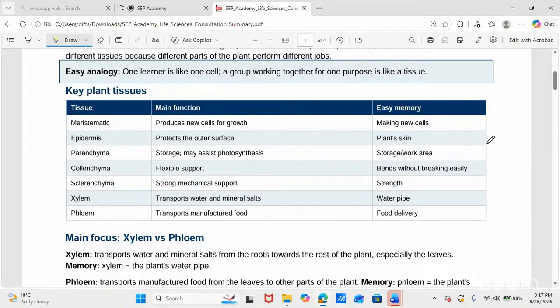After a certain period of time, you will notice a hard layer on that wound that is healing it and closing it up. That means there are tissues there that produce new cells for growth, so the wound will be healed. So that's meristematic tissues. They produce new cells for growth.